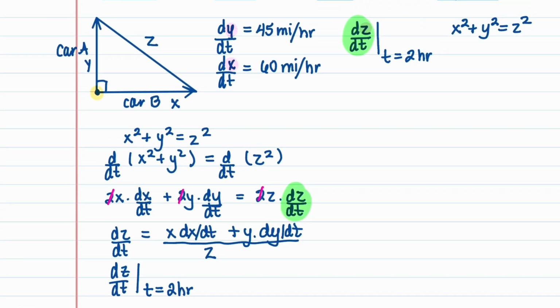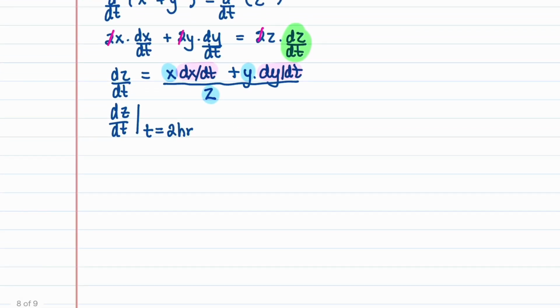We are given what dx/dt is, we're given what dy/dt is, but we do not know what x, y, or z are equal to. But we can find those out because we know how fast they're traveling per hour, and they're going to be traveling for 2 hours.